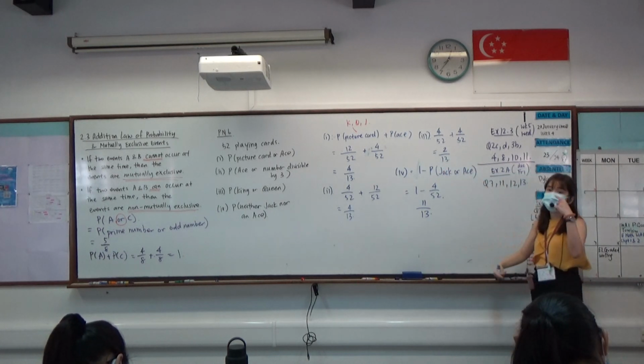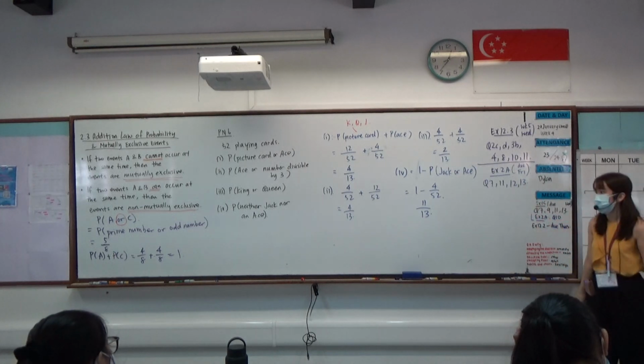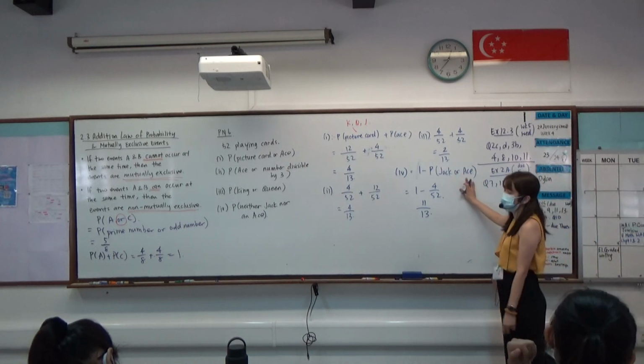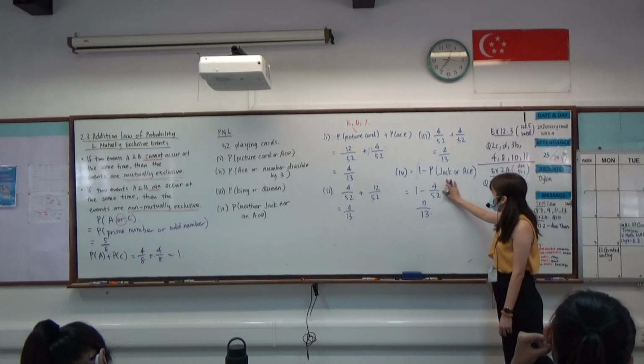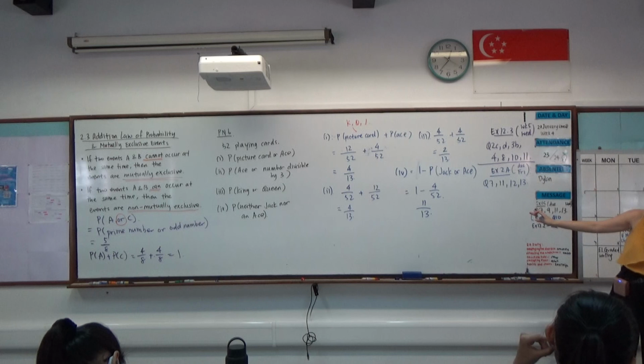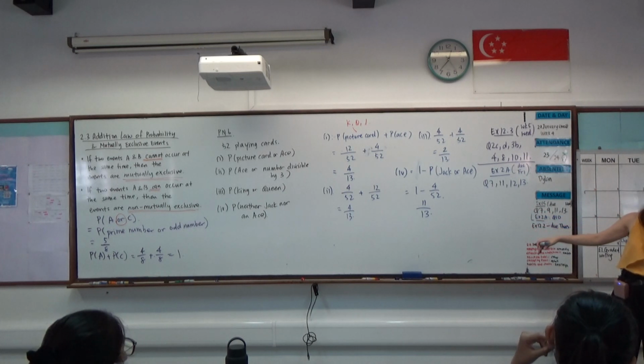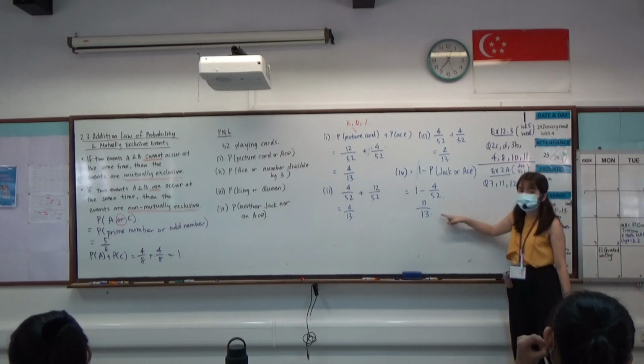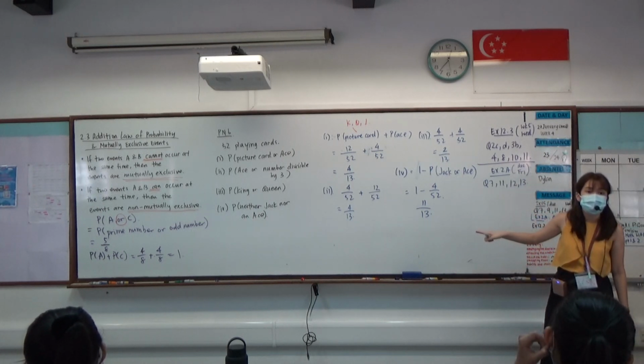So we can think of the opposite of it. So 1 minus getting a jack or ace, and 4 is the number of aces.